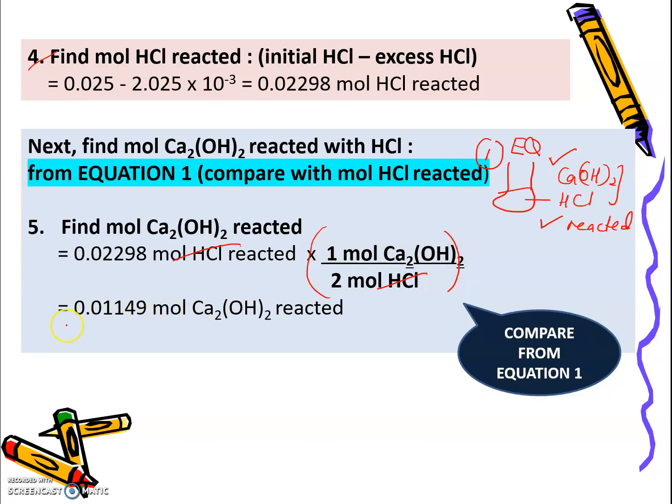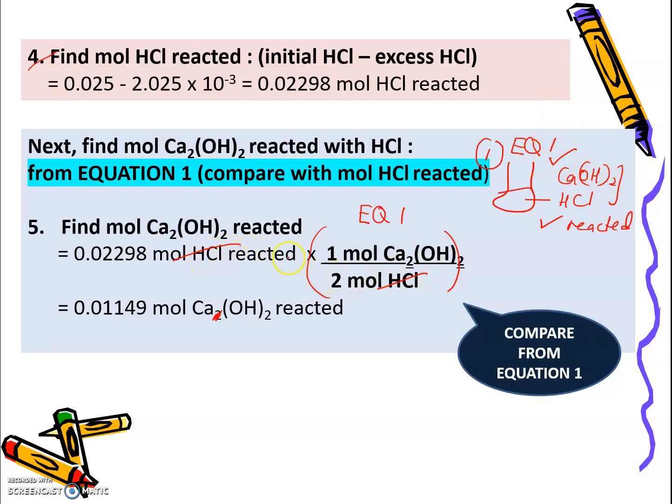Okay, and then the answer is 0.01149 mole of calcium hydroxide reacted. Alright, so we compare from equation 1, between calcium hydroxide and HCl. After we get mole HCl reacted, we can find mole calcium hydroxide reacted by comparing from equation number 1.